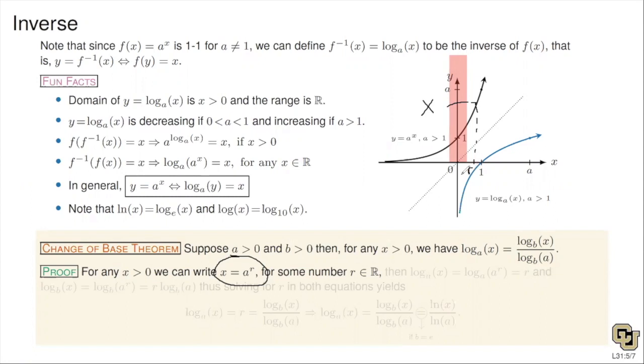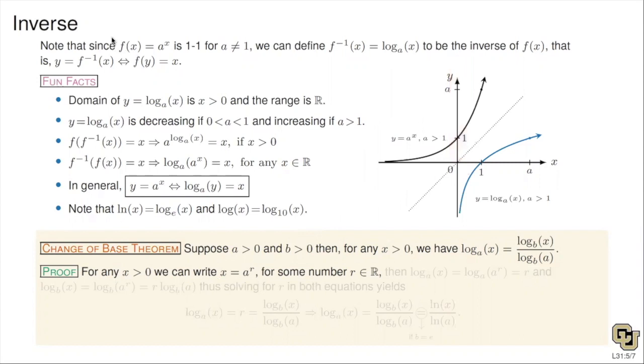I'm going to call that r. And so here, x would be a raised to the r. So this is the r down here. Since x is positive and the range of a to the x is all positives, I can write x as a to something, for some input, call that input r.